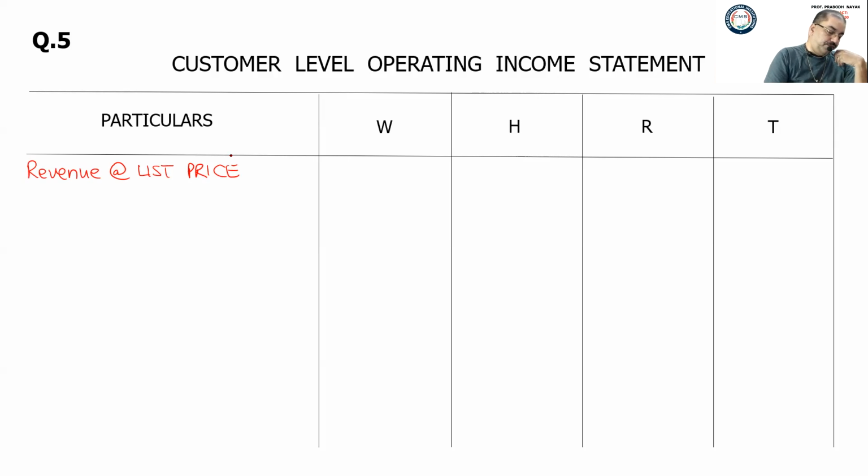How to calculate? Number of units per order, 400. How many orders? 44 into 1000. 400 into 44 into 1000 is 1 crore 76 lakhs. Same way, 200 units into 62 into 1000 is 1 crore 24 lakhs.